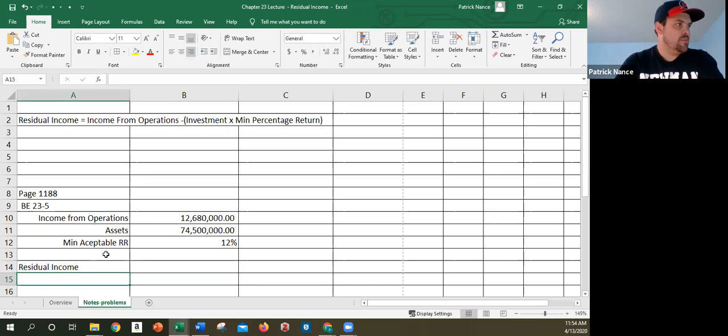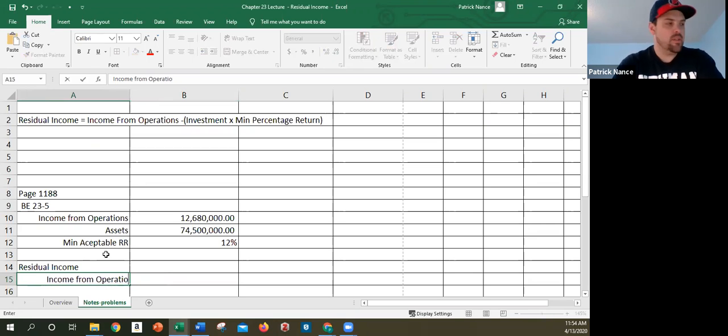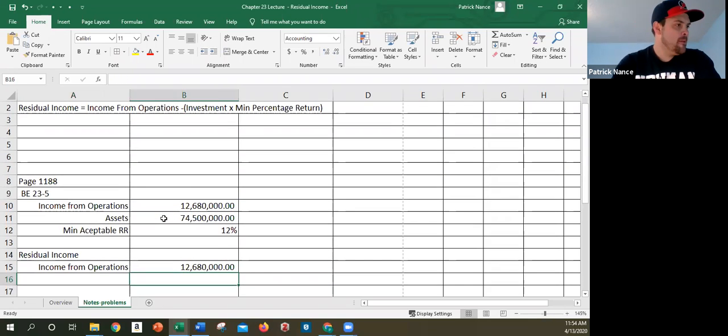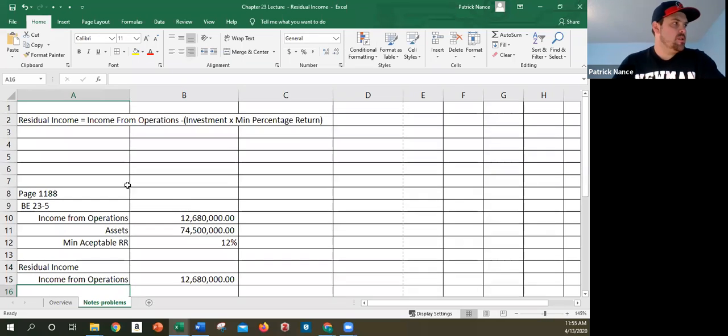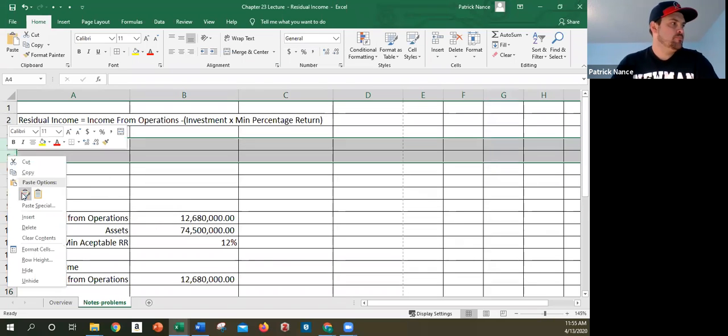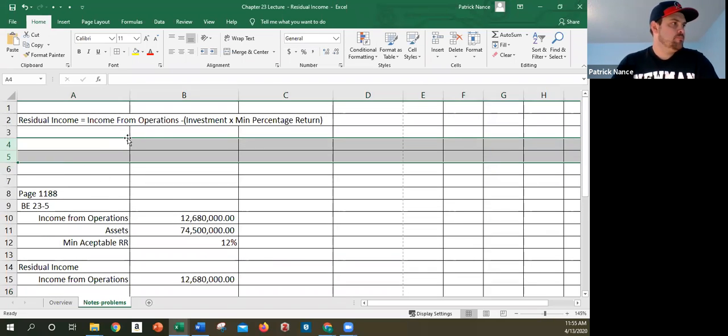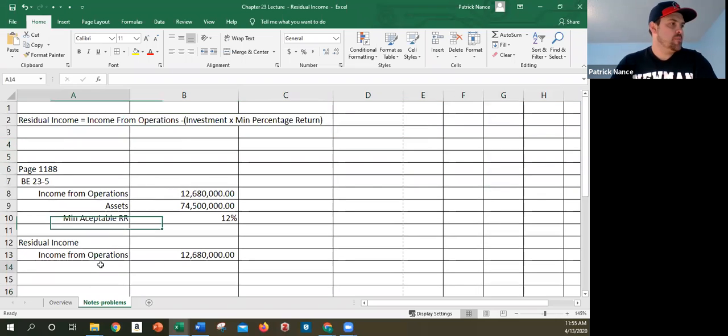So I'll go through this in steps. First, income from operations. We have that number, but I'll say income from operations, so you can see the function here, is this 12 million. Next, I need to find the second part of the equation here. I need to take the investment times the minimum percentage of return.